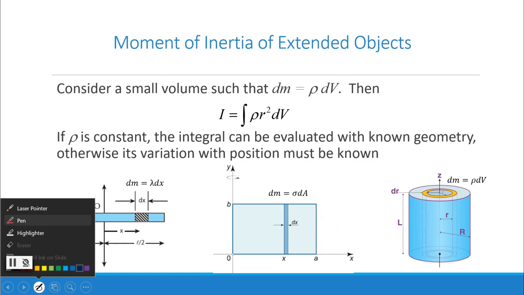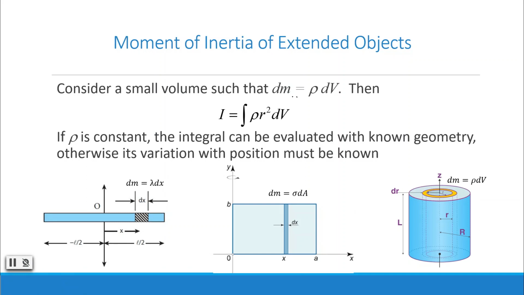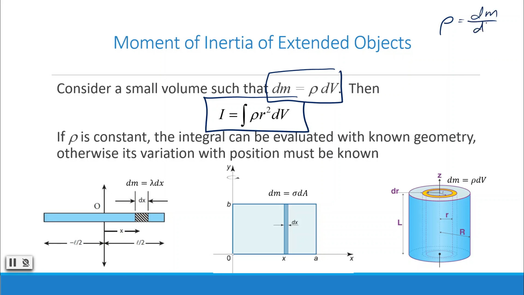So in general, the most general definition is that I is the integral of rho r squared dV. That's because we can define dm as rho dV. Because remember, rho is equal to dm over dV. We could have sigma equal to dm over dA, and we can have lambda equal to dm over dl.